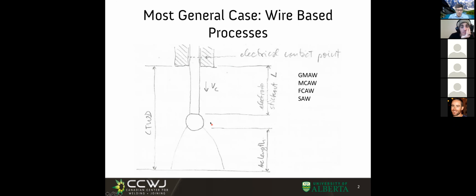Then the arc length. Although this drawing has nothing assigned for the part of the droplet, it's because in practice it's hard to pin down. And the arc length is the arc length. Here's the subtlety I wanted to mention just a second ago. If all of a sudden we have a weld that has a deep penetration and we have a big depression of the surface, all of a sudden the arc is longer, right? And that arc length is longer.